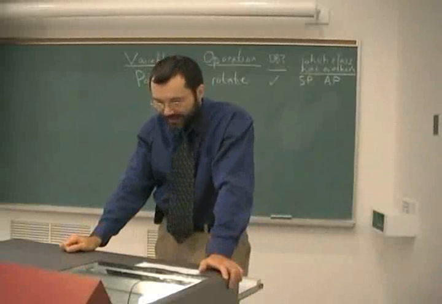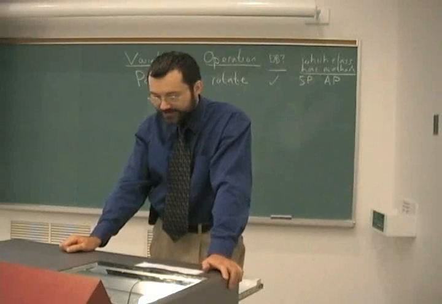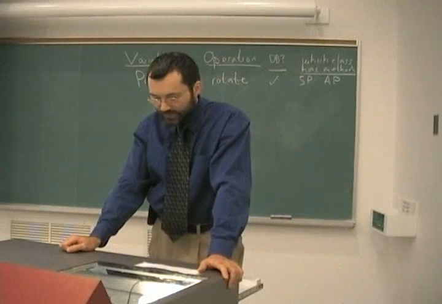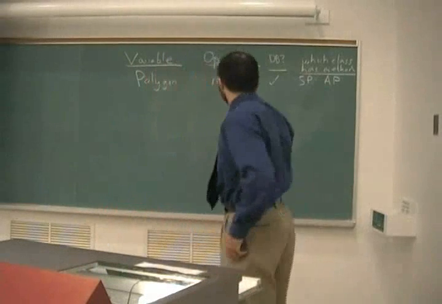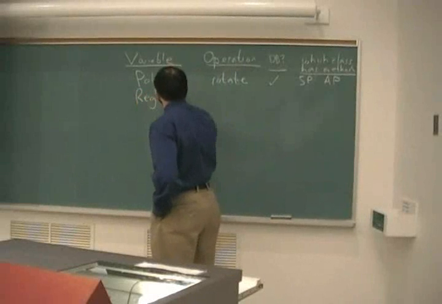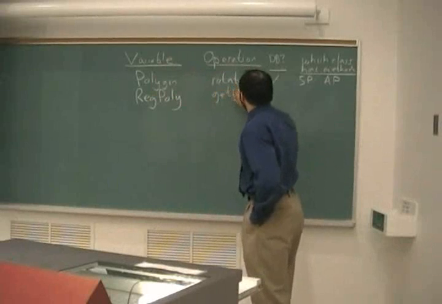Okay, let's take a look at another situation then. Let's imagine that I had the class regular polygon. I'm just going to abbreviate again. And I call the operation get vertices.